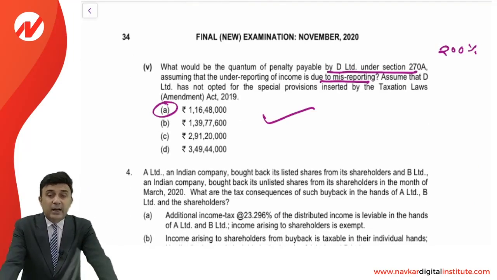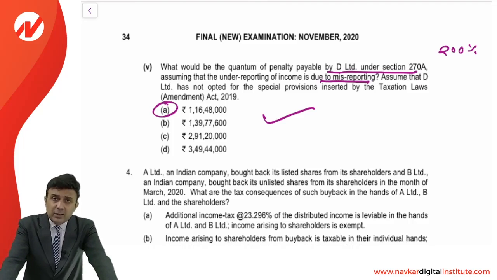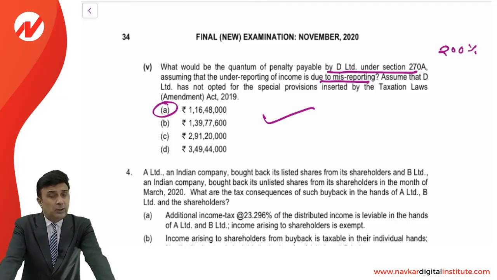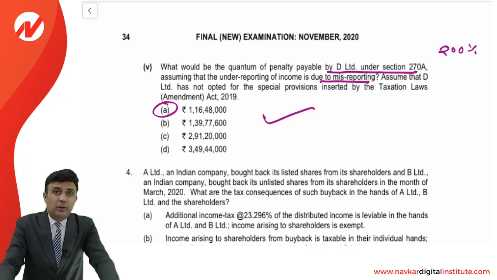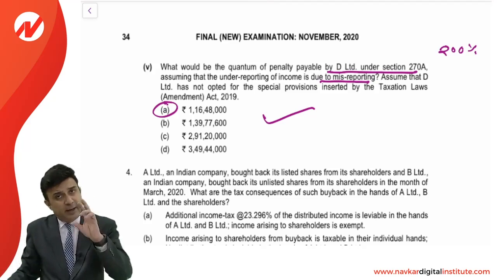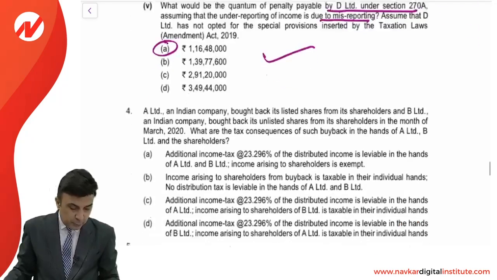That is my answer. Friends, these are the 3 big MCQs you are having. Now let me go for the small MCQs. I'll not call them simple, but I'll call them tricky but small MCQs.